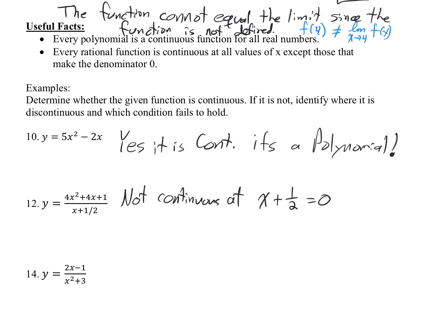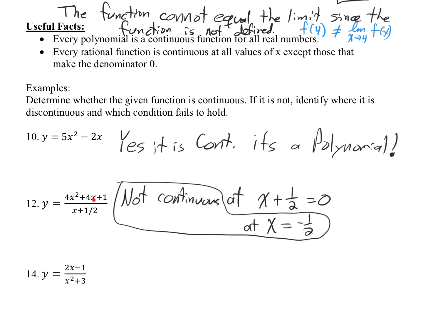Well, in order to solve this, you just subtract 1/2 from both sides of the equation. So this would be at x equal to negative 1/2, and we have answered the question. This function here is not continuous at this one x value.